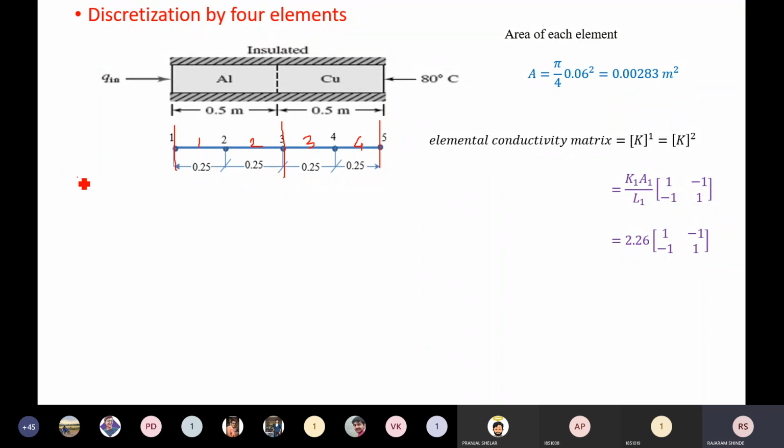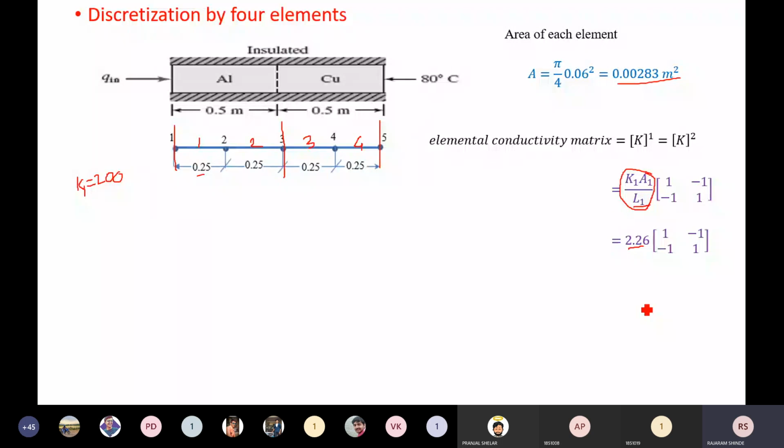K1 is equal to 200. Now A1 is calculated here and L1 is 0.25. Now this will result in 2.26, 2.26, 1 minus 1, minus 1, 1.